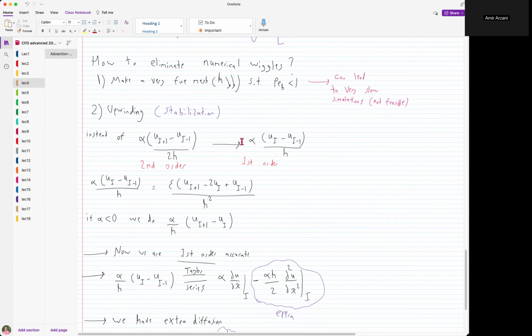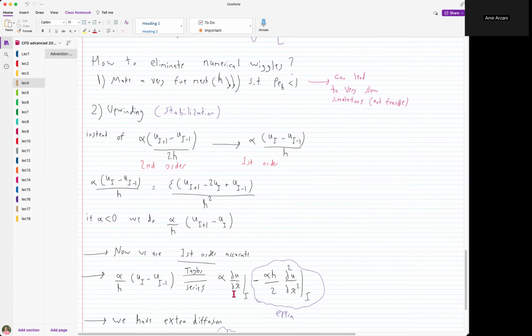If I look at the first order convection term, now that I have this first order advection term, if I do a Taylor series expansion, if I write u_{i-1} in terms of u_i plus Taylor series expansion, this is what I get. So this is approximating alpha, the velocity, times partial u partial x at node i, which is exactly what I wanted to approximate, right?